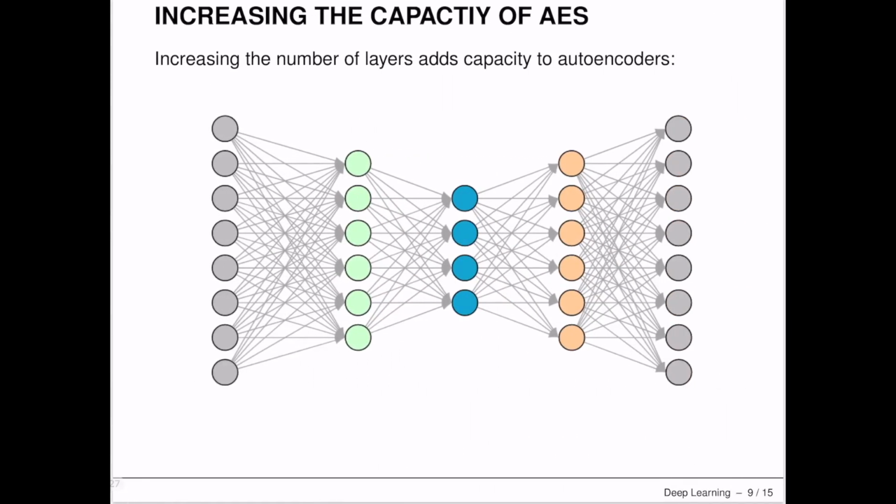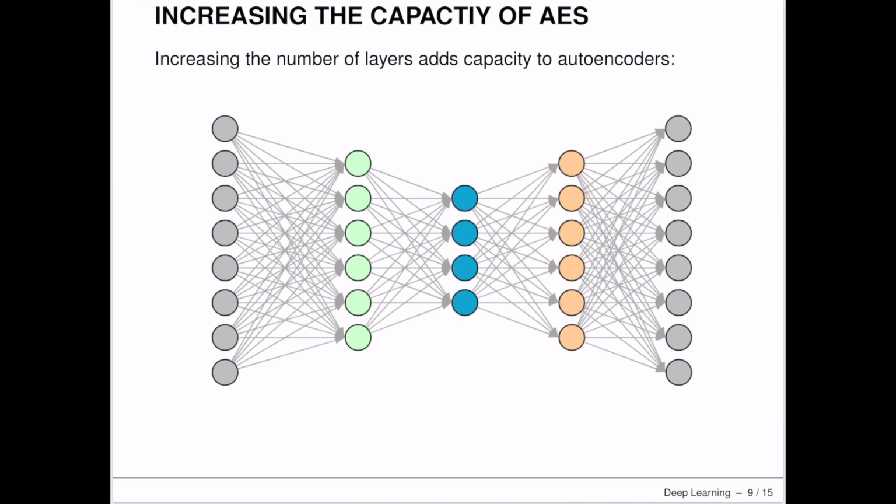Now, a simple way of increasing the capacity of autoencoders is to add more layers. So up until now we had just simple 3-layer neural networks with input, hidden, and output layer, where we just had the setting that input and output, or input and label, are the same.